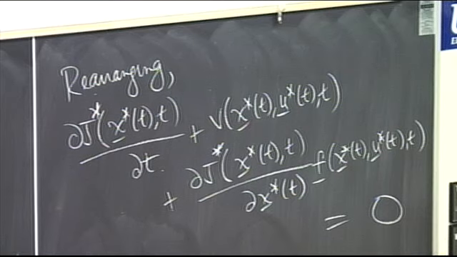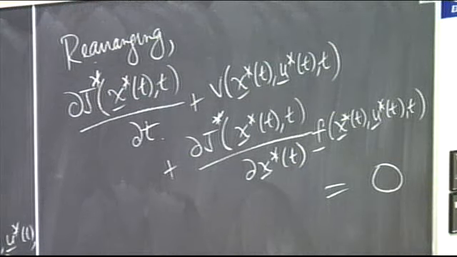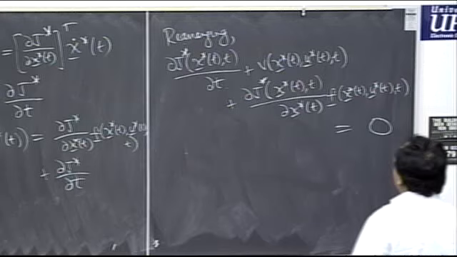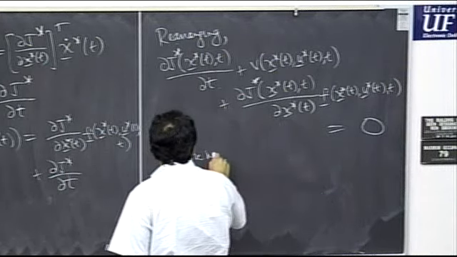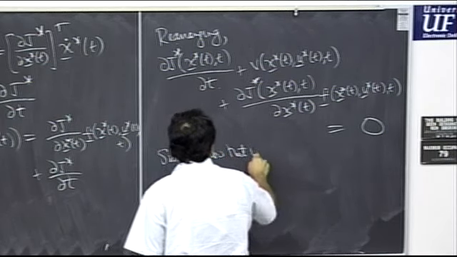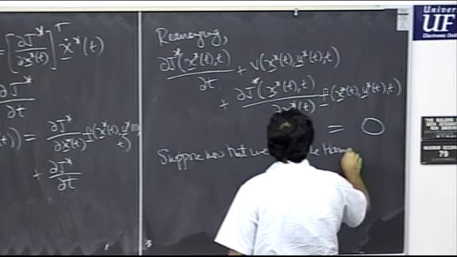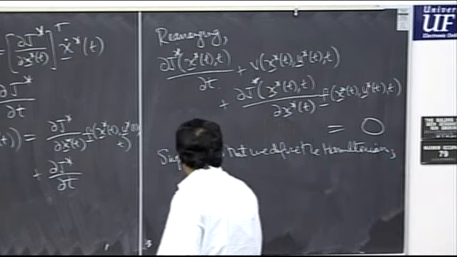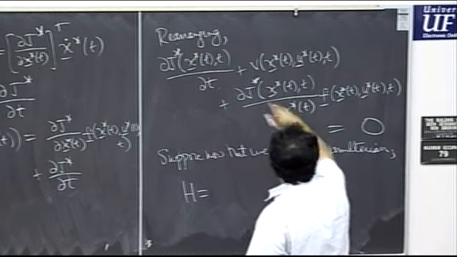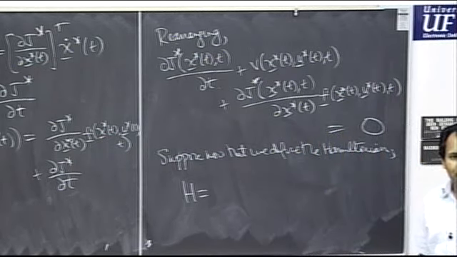Okay, all right. So suppose now we define... If you look at this equation, you'll say, "Well, that just looks crazy." Well, suppose now that we define the Hamiltonian. The Hamiltonian is H. And if you look at the structure of this, what is the Hamiltonian in the case of a regular optimal control problem?